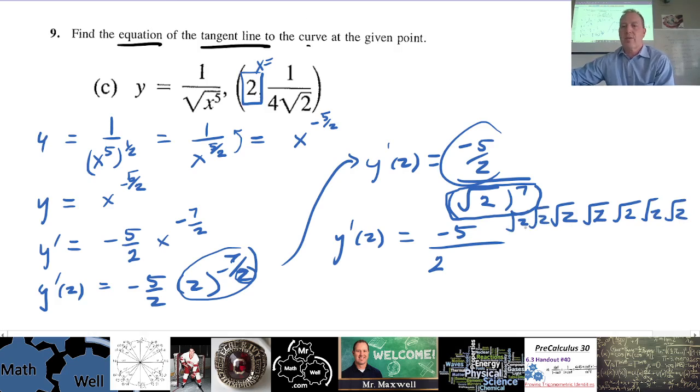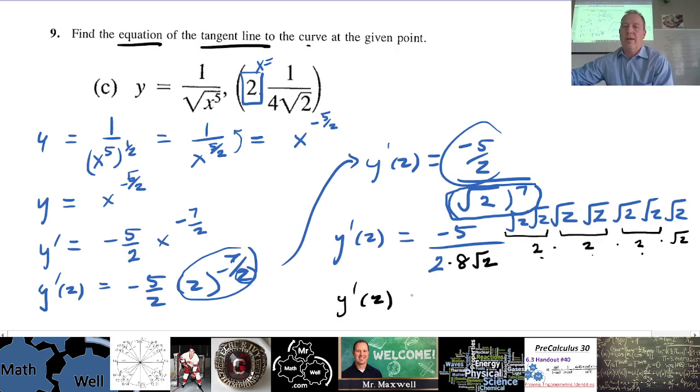So guess what? We have lots of groups of 2 here, so we're going to be able to simplify this pretty easily. Root 2 times root 2 is just 2. That's just 2 then. And that's just 2 times root 2. So I actually have 2 times 2 times 2, which is, what, 8 root 2? So this is actually times 8 root 2.